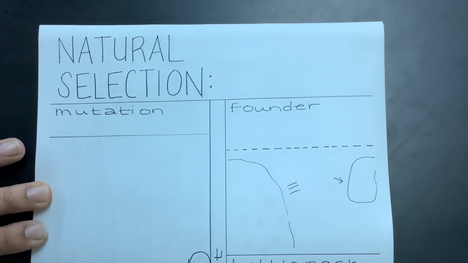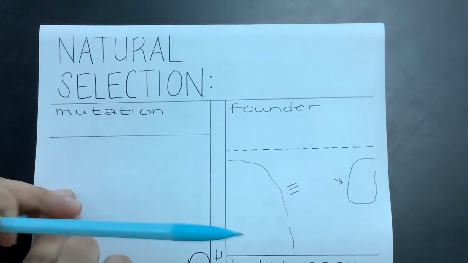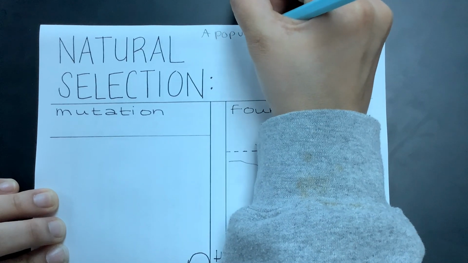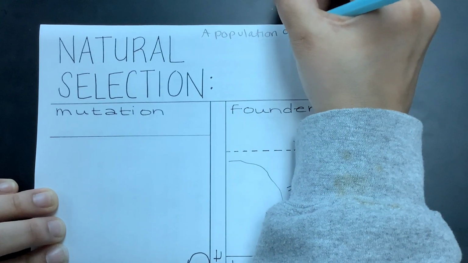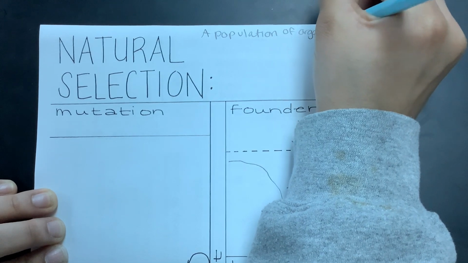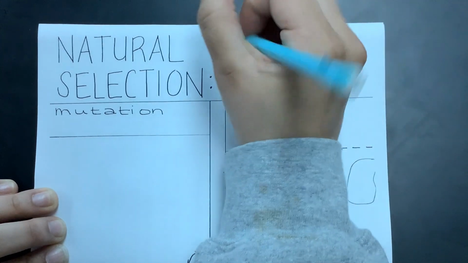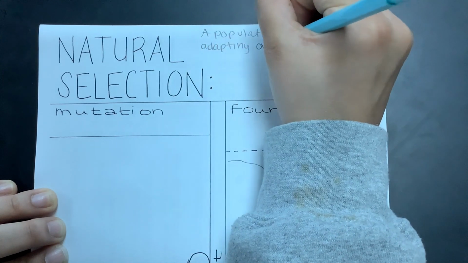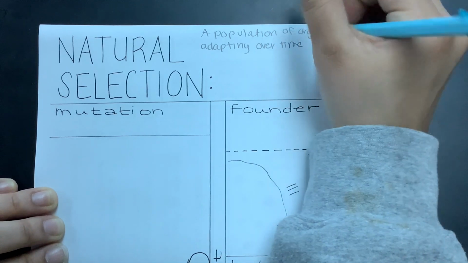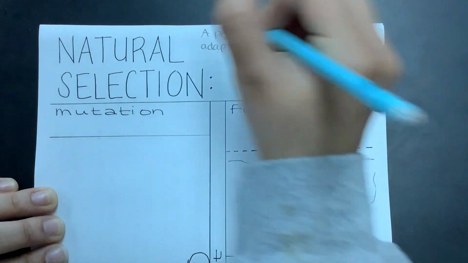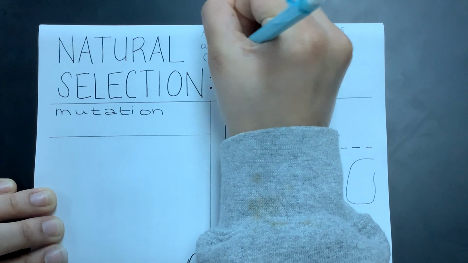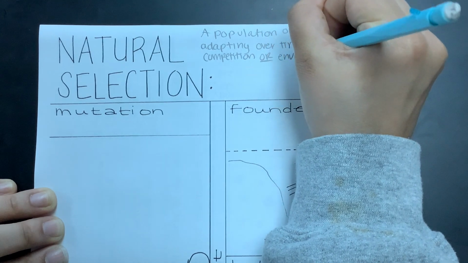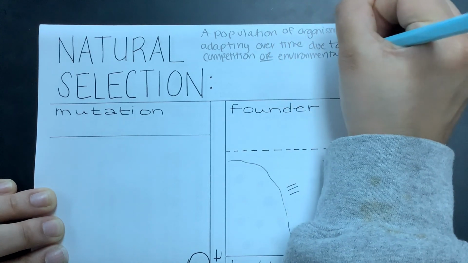Natural selection is when a population of organisms adapts over time due to competition or environmental pressures.